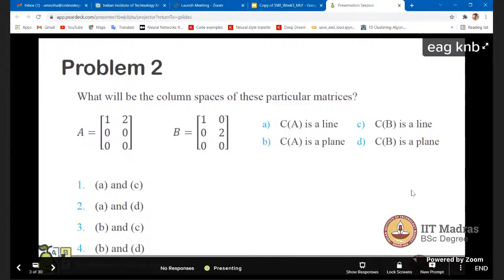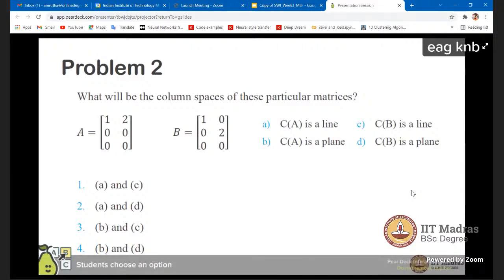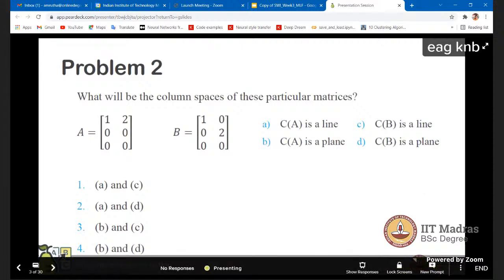I'll give you 2 minutes. You can also work on it or think about it. What will be the nature of the column space? Will it be a line or will it be a plane? Okay, I got one response.